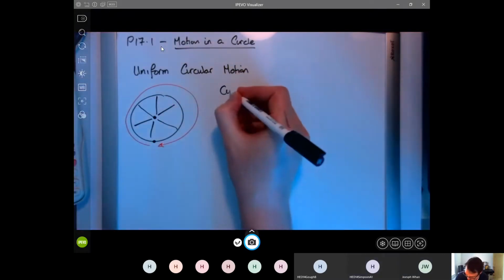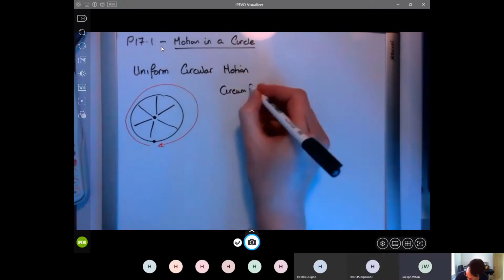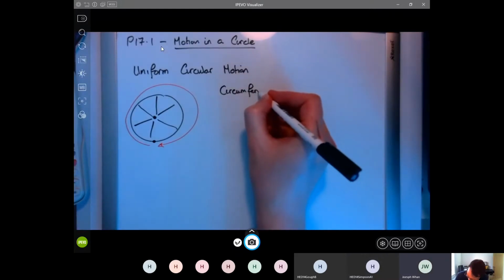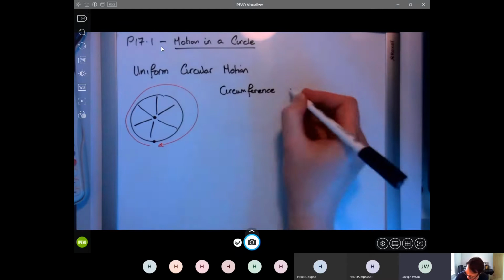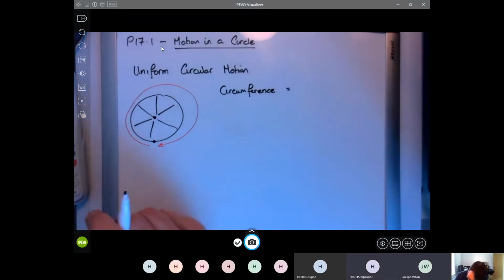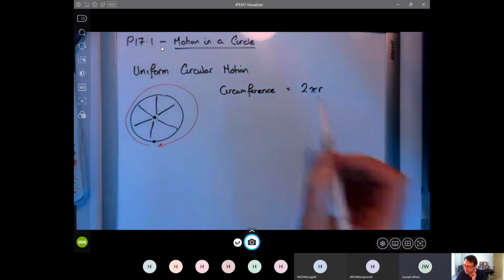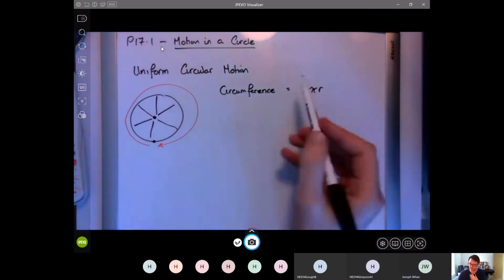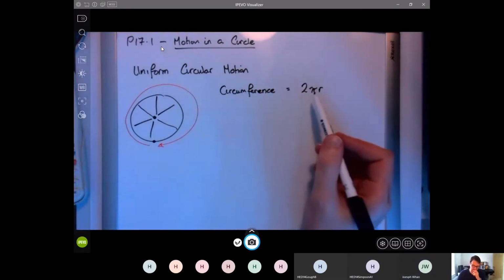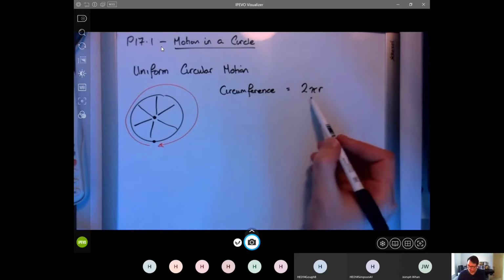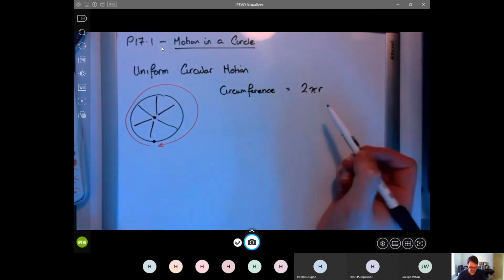And what's the circumference? Pi times diameter. Oh, I don't like diameter. Come on, give me better than that. 2 pi r. Yeah. There's a reason I write it that way, and we'll come across that later on, because this 2 pi is really important. So 2 pi times the radius.